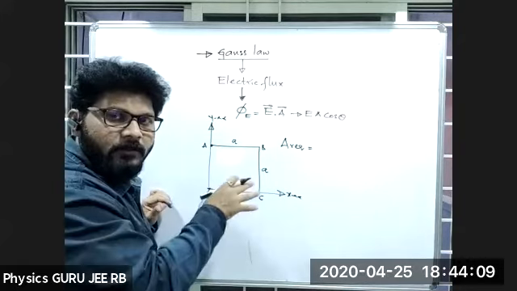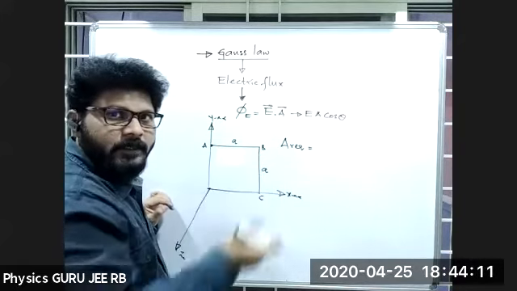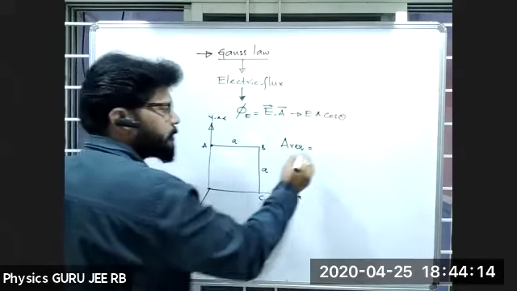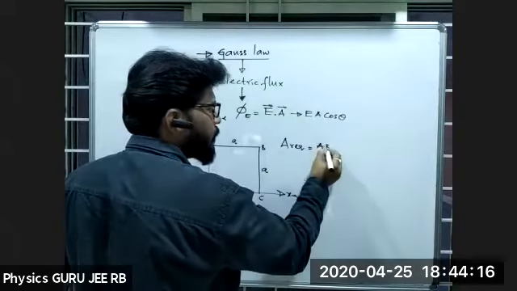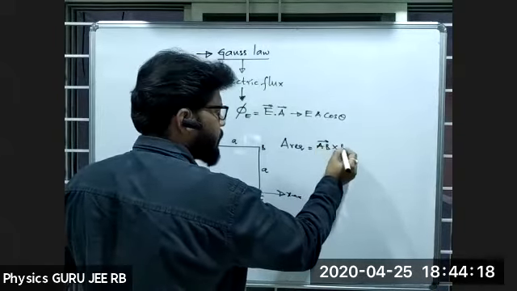So I want to convert this area into vector form, then AB cross BC.